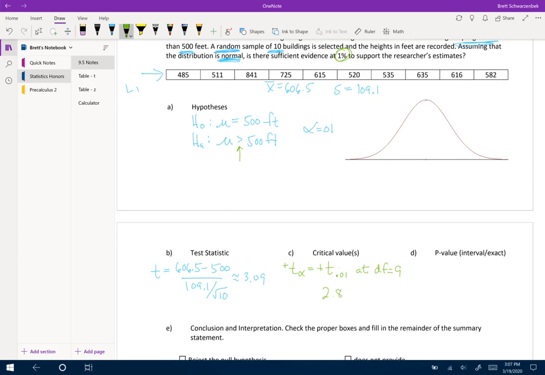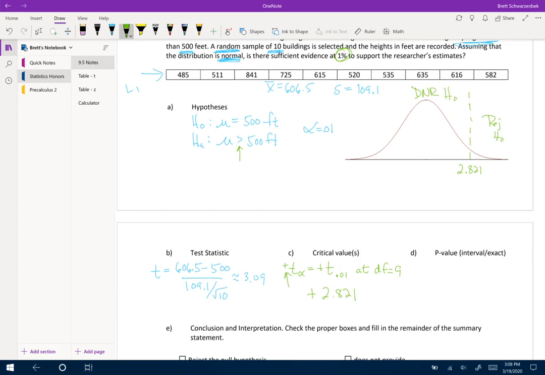Remember, this is the positive version, right? So positive 2.821. So we can go into our curve up here, 2.821. Create our boundary on our right tail. We know in the tail we reject H0. And we know anywhere else we do not reject H0, DNR.